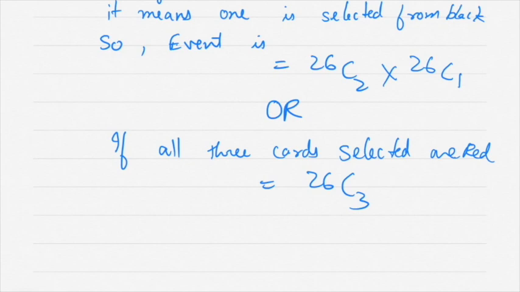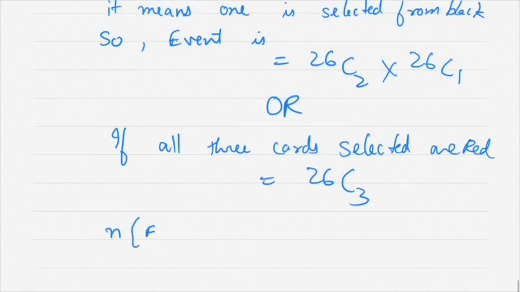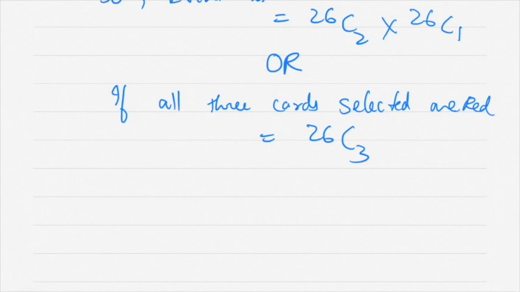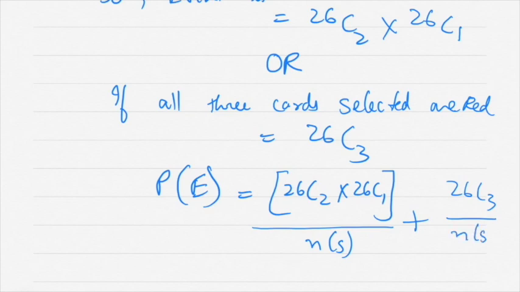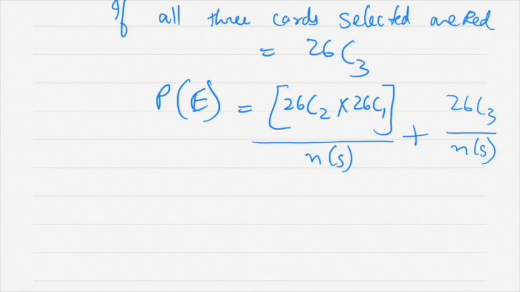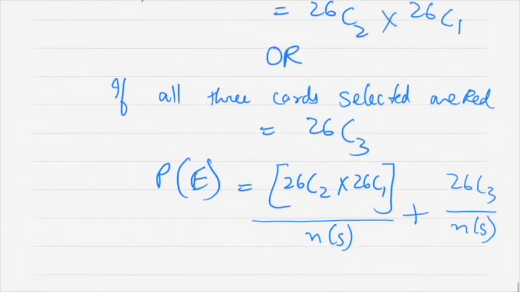So your P of E, probability of the event, is going to be 26C2 multiplied by 26C1 divided by the sample space, which is N of S, plus 26C3 divided by N of S. When you solve this, you will get the answer.